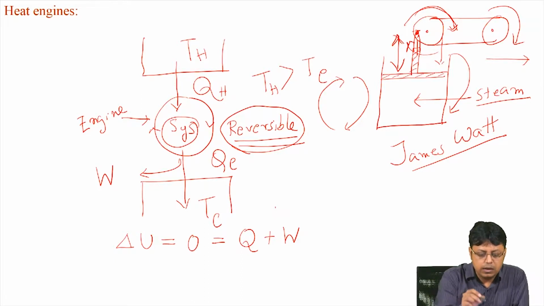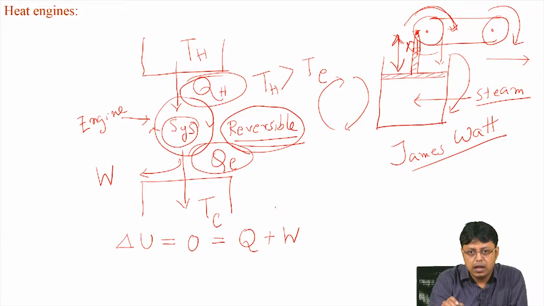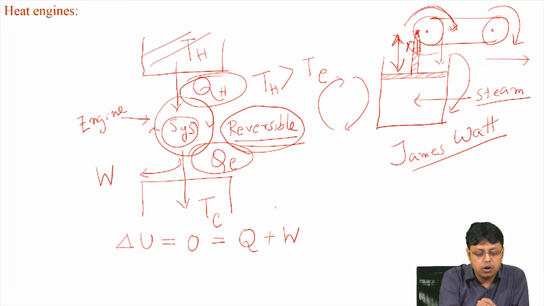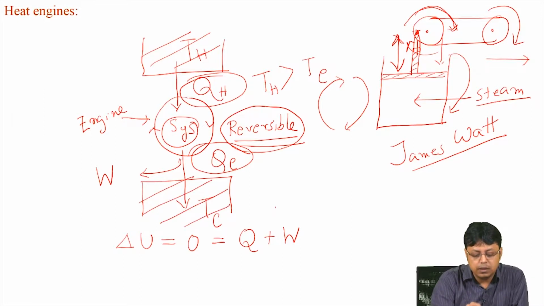Now, look at it here. Here we have two types of heat. One heat is withdrawn from the surrounding and one heat is released to the surrounding. But there are two different surroundings here. One surrounding is the hot bath or hot reservoir, and the other surrounding is the cold bath or cold reservoir. So, the system or the engine takes up the heat from the hot reservoir and releases it to the cold reservoir, and performs some work, of course.